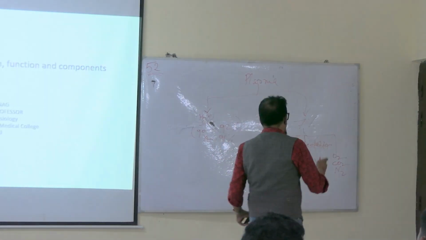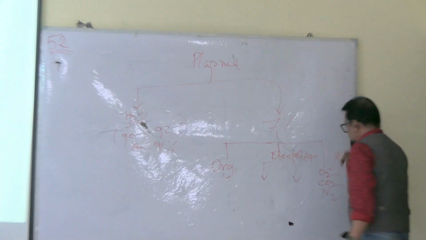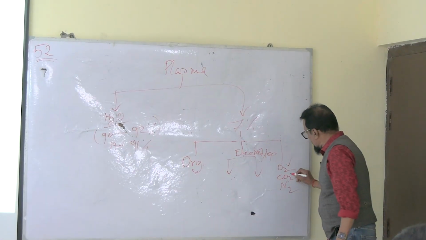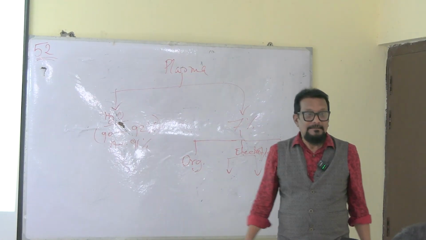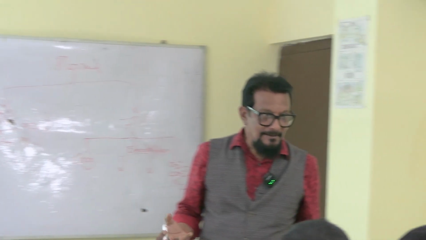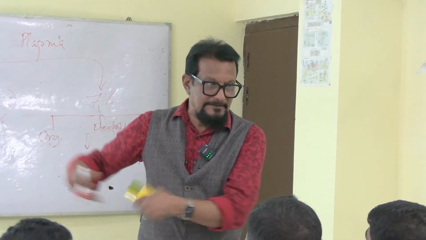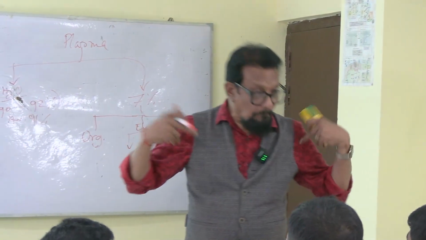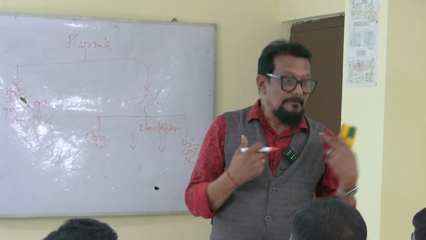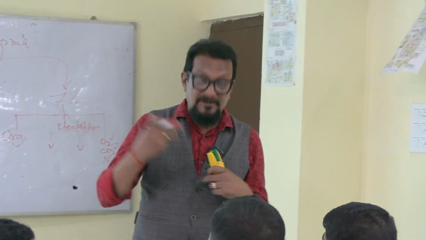Now we are coming to the importance of oxygen and the importance of carbon dioxide. It is the metabolic end product. It is not needed by the cell. It is the excretory product. It has to be eliminated from the body by means of the respiratory process, expiration.